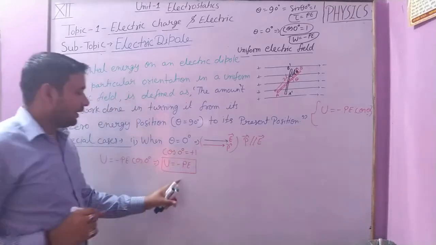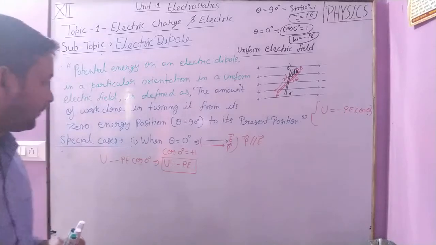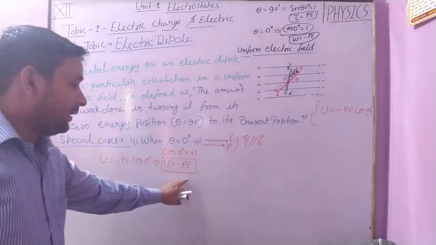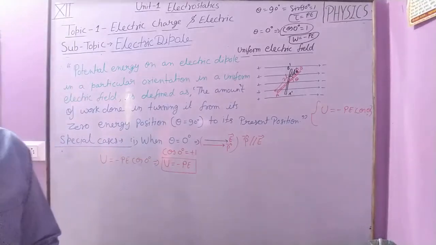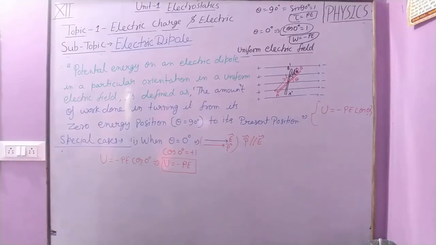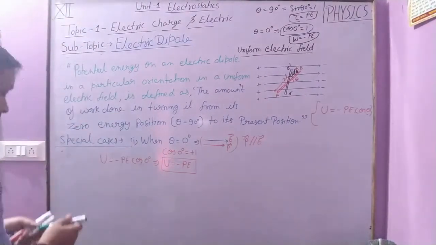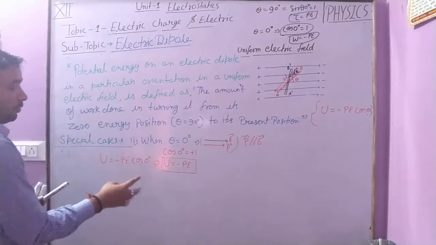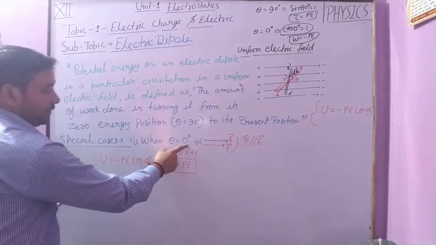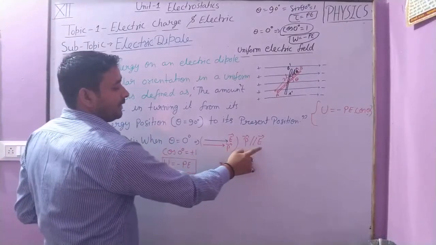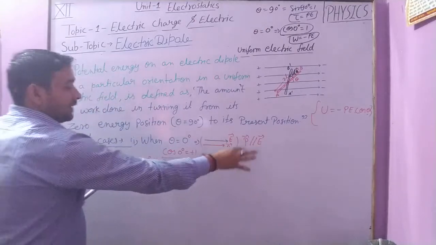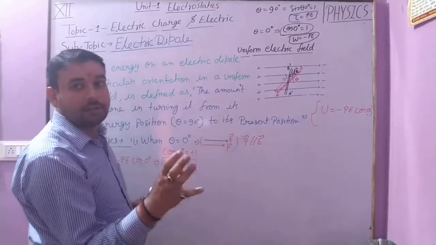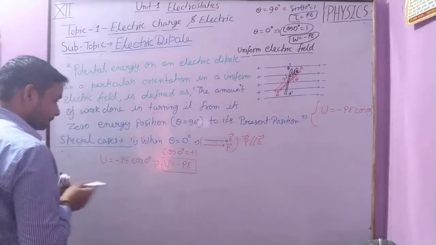In this case it will experience the minimum torque. So for theta is equal to 0 degrees, when P is parallel to E, this condition is the stable equilibrium condition.